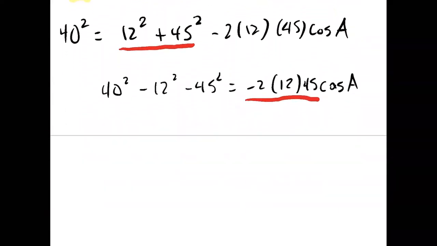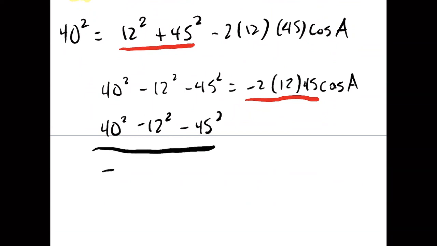Scroll down a little bit. And what we're going to get on the left-hand side is going to be 40 squared minus 12 squared minus 45 squared divided by negative 2 times 12 times 45. And this is equal to cosine of A. So yeah, the law of cosine is a mouthful to say.